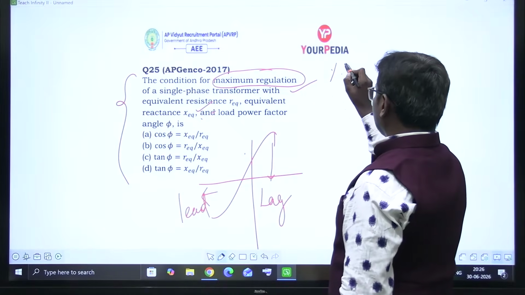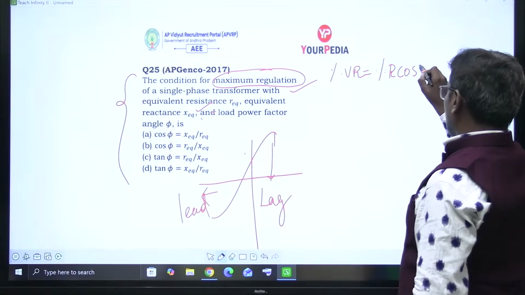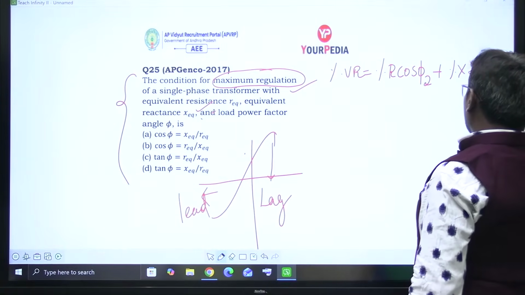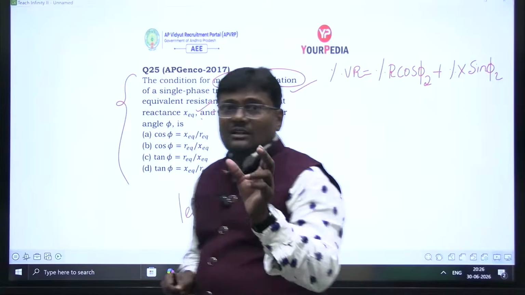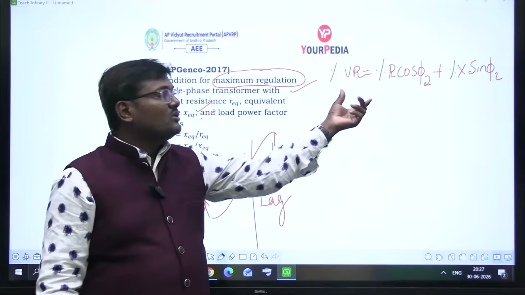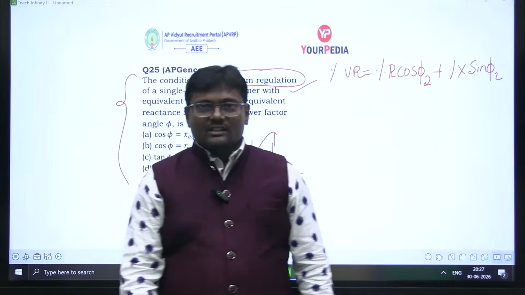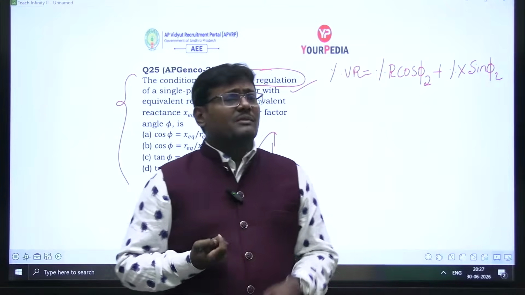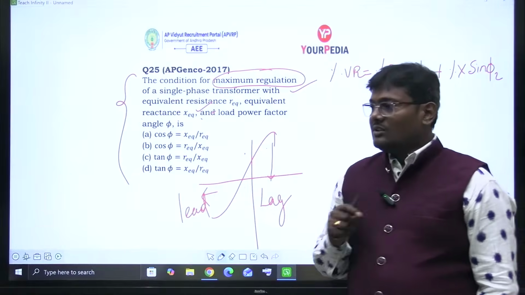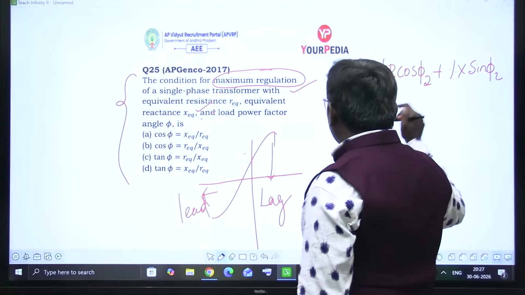Percentage VR is equal to percentage R cos phi 2 plus percentage X sin phi 2. If both are added, then only maximum voltage regulation will take place. That addition is possible only for a lagging power factor.